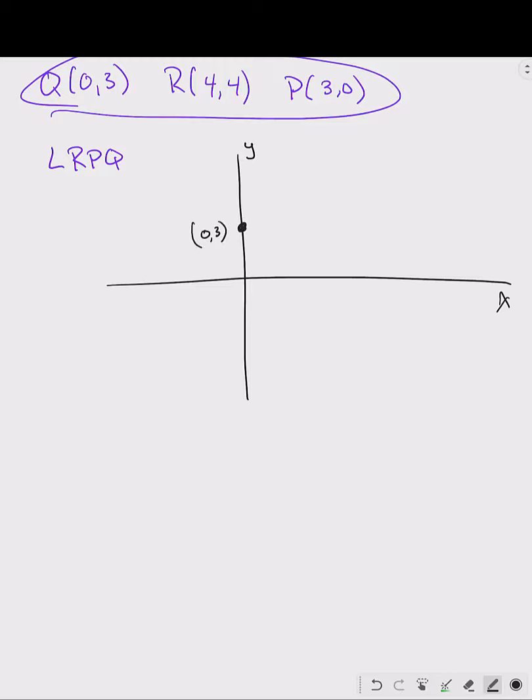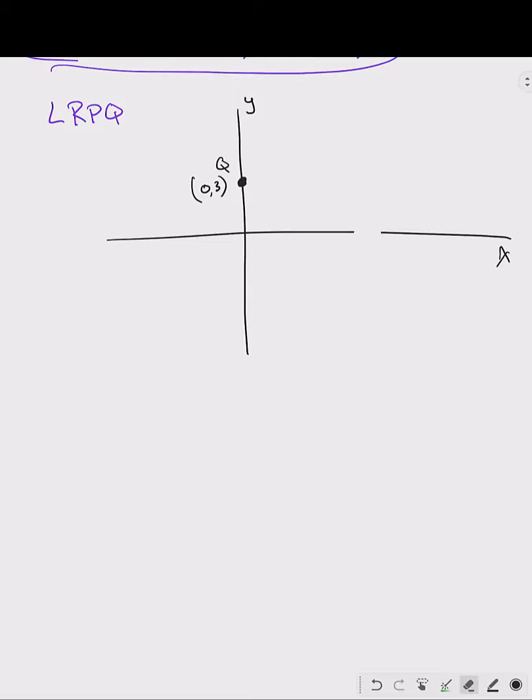This is (0, 3), and this one they're calling Q. And one of the points would be down here, maybe here. And this would be (3, 0), and that's point P. And then up here would be (4, 4), and that's point R.